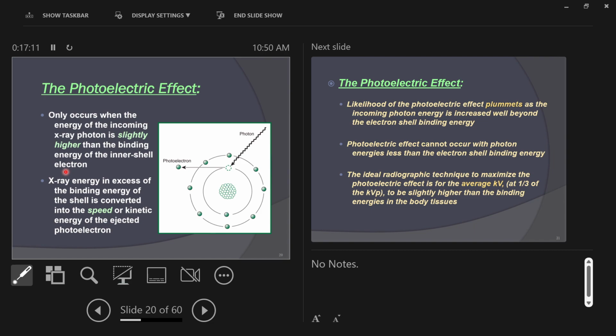Again, the negatives almost don't matter, so let me just get rid of the negative. If this incoming photon had 56 keV, it doesn't have enough energy to eject the electron. It might temporarily push the electron up to an outer shell. The electron can absorb that much energy, but it isn't enough to eject the electron from the atom.